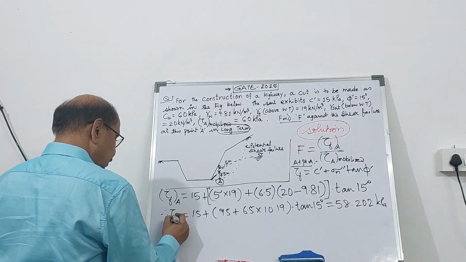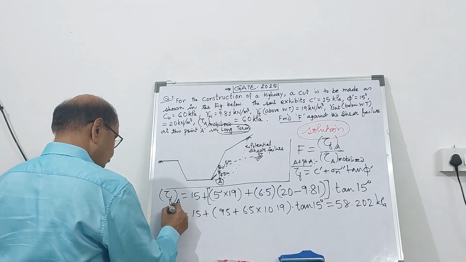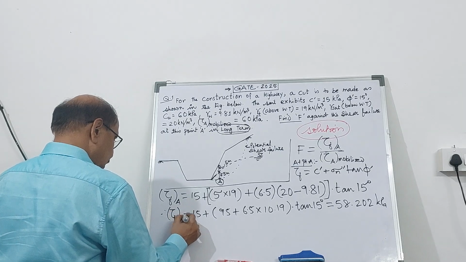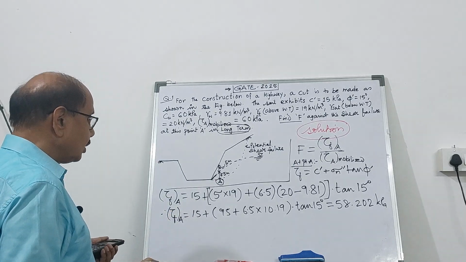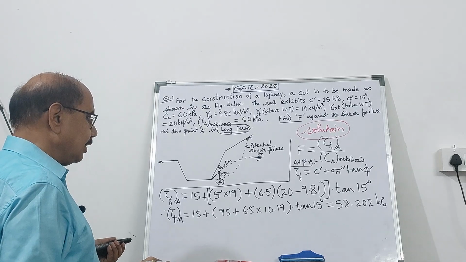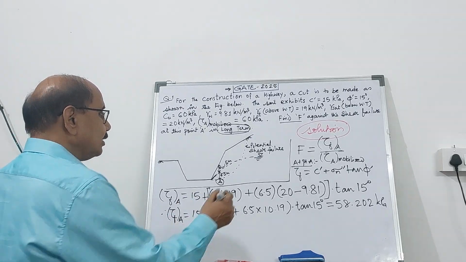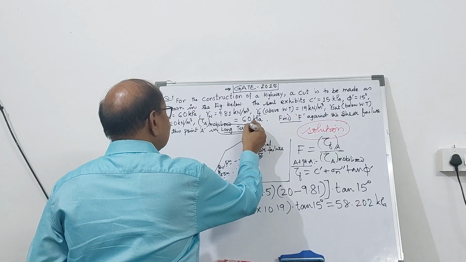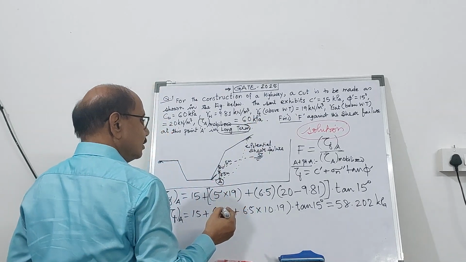Therefore, tau f, the shearing resistance at point A, is given, and tau mobilized is already given as 60 kilopascal.